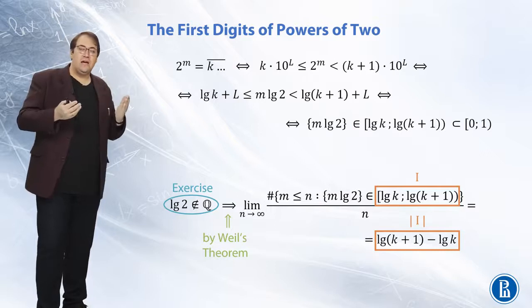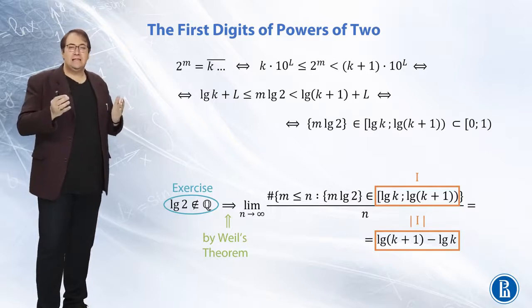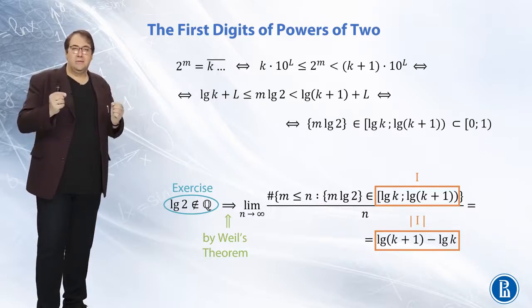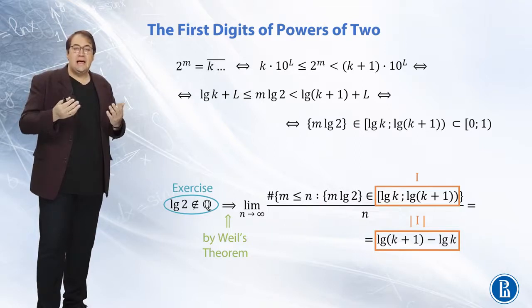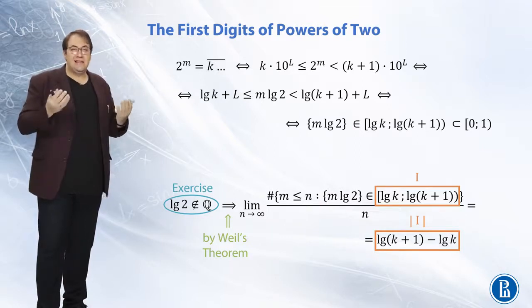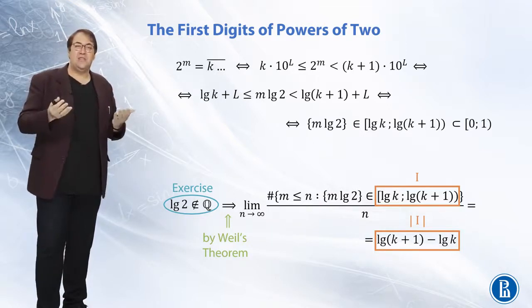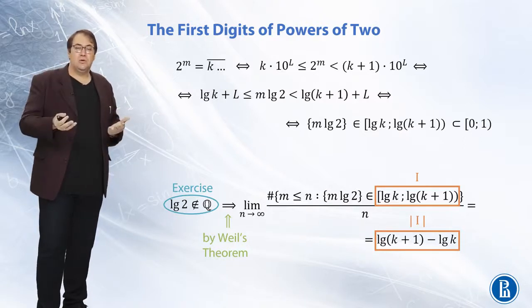From log k to log (k plus 1) is the very interval I which we used to denote the interval in Weyl's theorem. And we know that the frequency is actually equal to the length of this interval. So the answer is very simple.